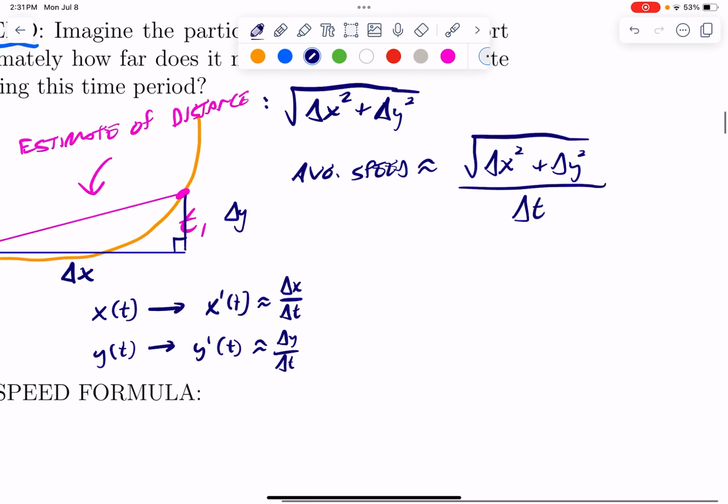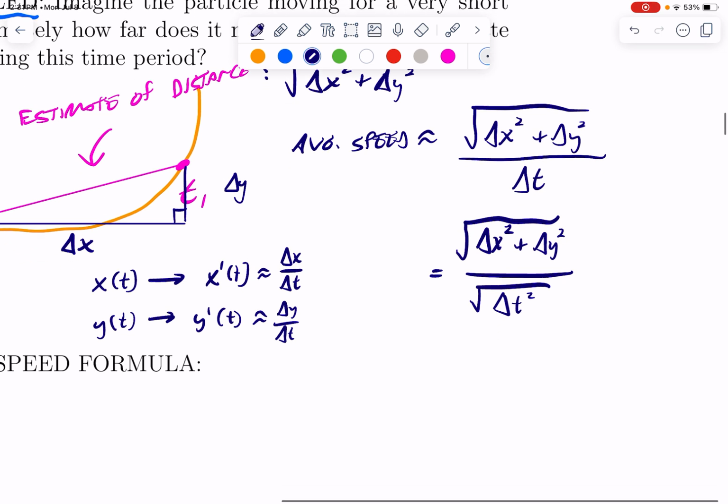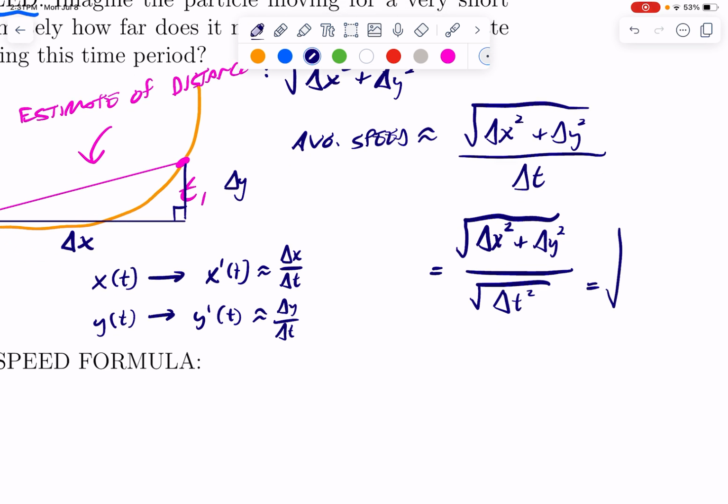So here's what we're going to do. This thing we have over here, I'm going to think of it as the square root of change in x squared plus change in y squared, and then I'm going to write change in time as the square root of change in time squared. By properties of radicals, we can do it like so, and then I can break up that fraction.